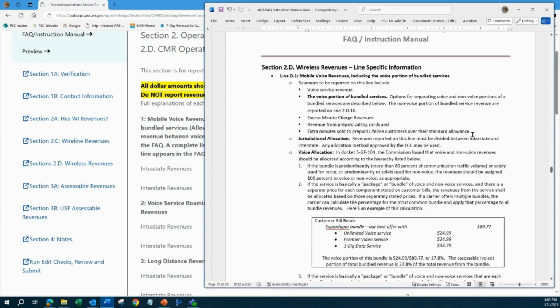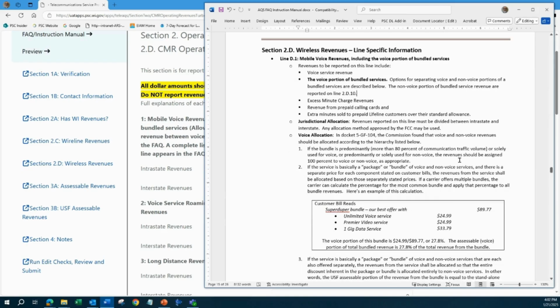In 2D1, you're reporting the voice portion of bundled service revenues. The rest of bundled service revenues winds up on line 2D10. So we're splitting voice here, rest on 2D10. The jurisdictional allocation between intrastate and interstate, basically any option the FCC has approved to do this type of split is usable.